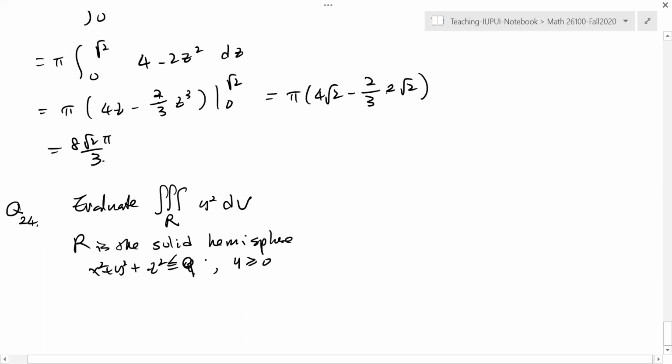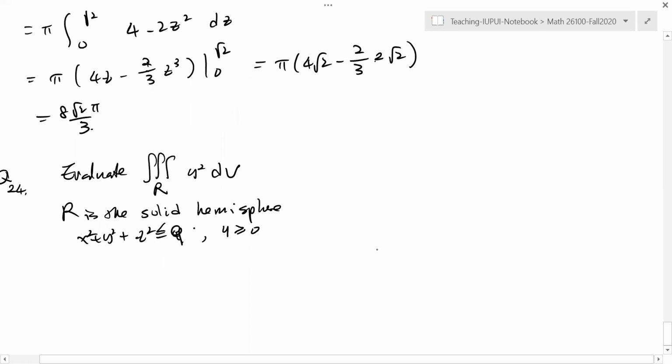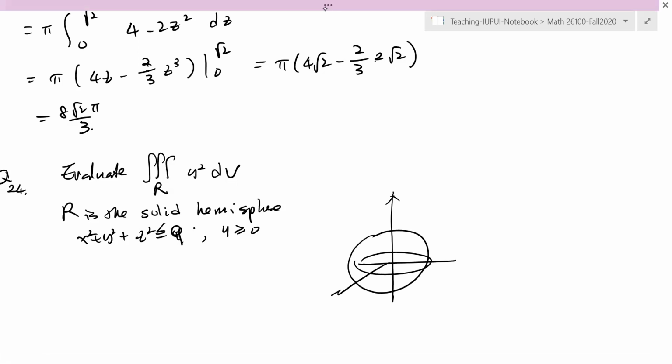Now, what does that mean? That means the radius is going to be 3, right?